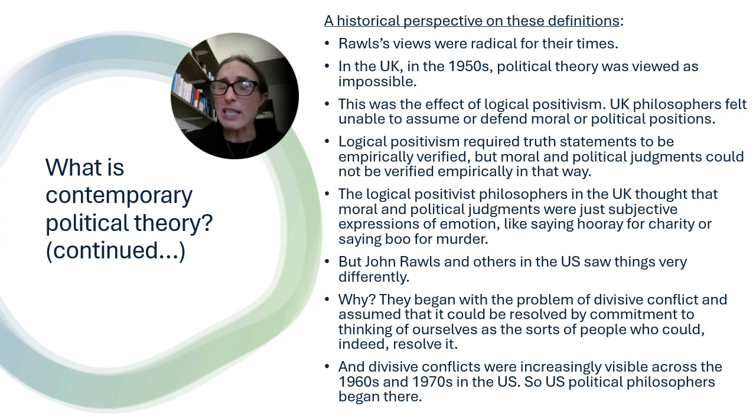So these were truth statements that could either be pronounced true with evidence or that could be pronounced as candidates for truth. But moral and political judgments were not candidates for truth in this way because nobody knew what would be needed to empirically verify them.